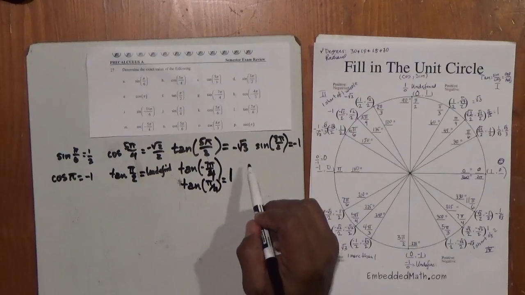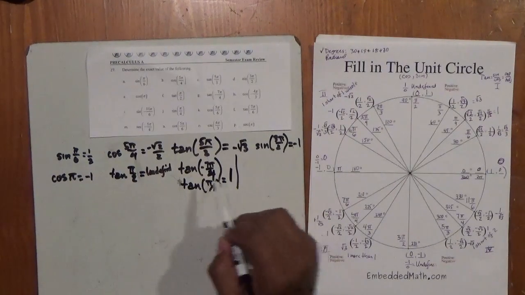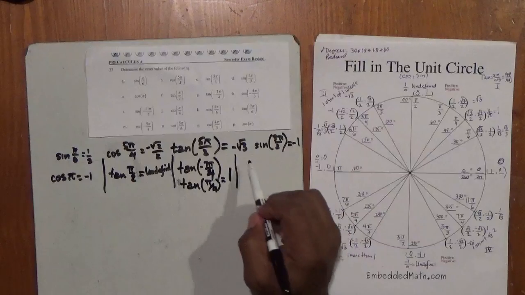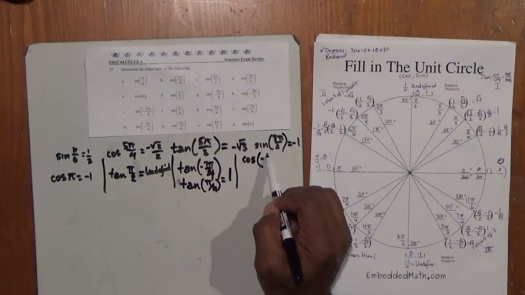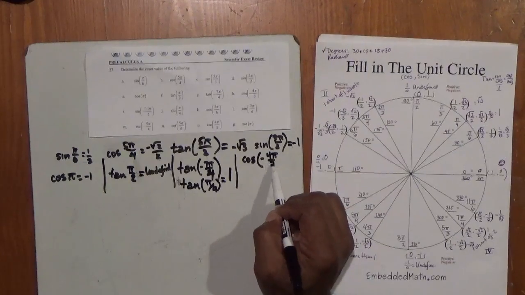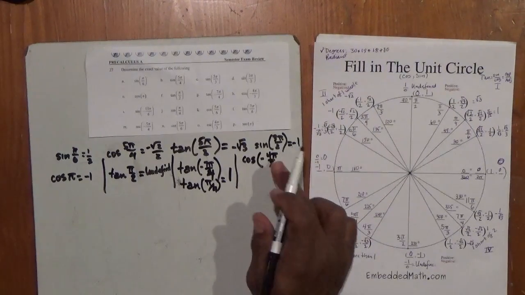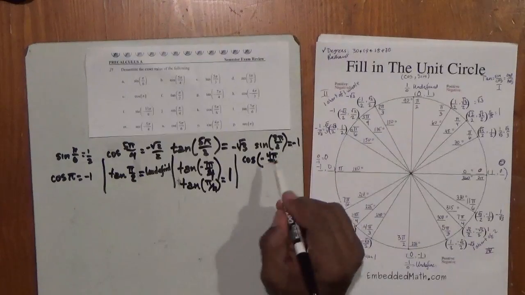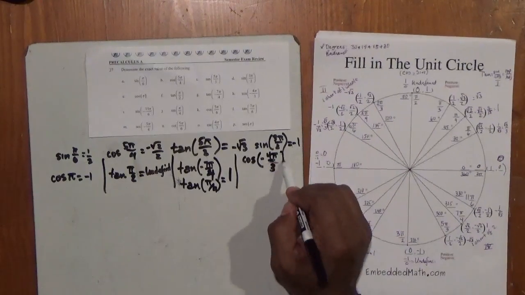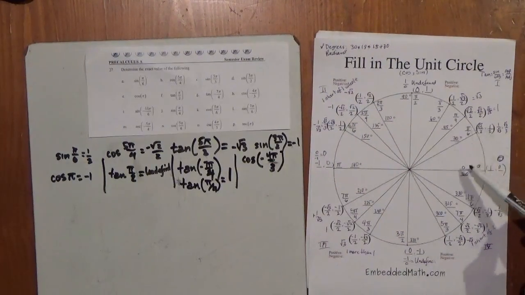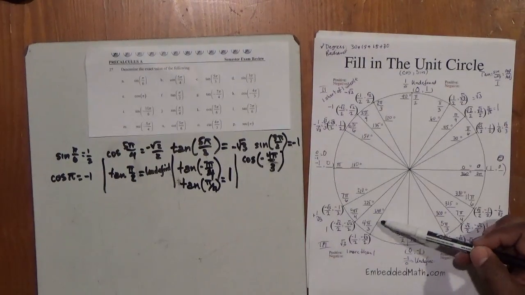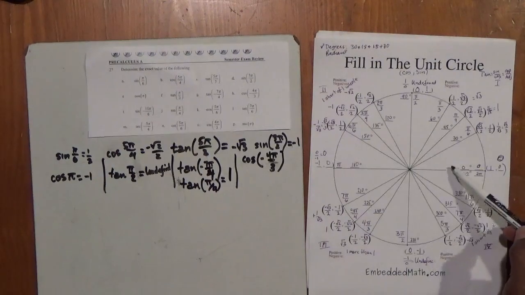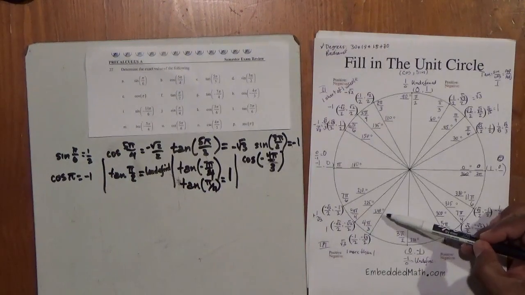All right, h, cosine of negative 4 pi over 3. Again, we're going in the negative direction, which is the clockwise direction. Now let's find 4 pi over 3. If you're not sure, you would go 240 degrees in this direction, that would be 4 pi over 3.